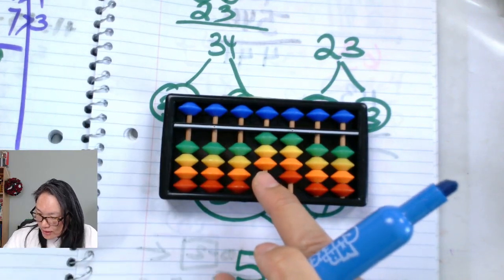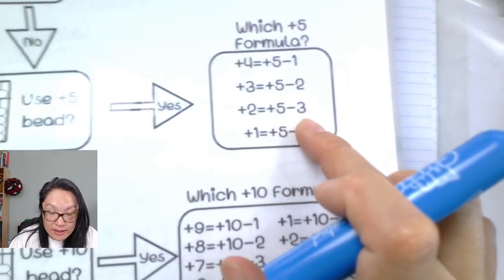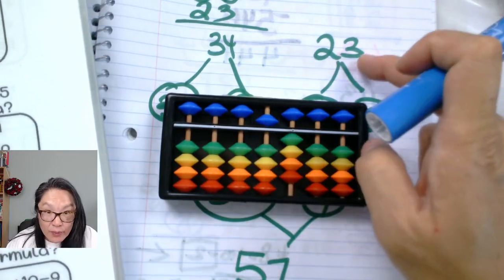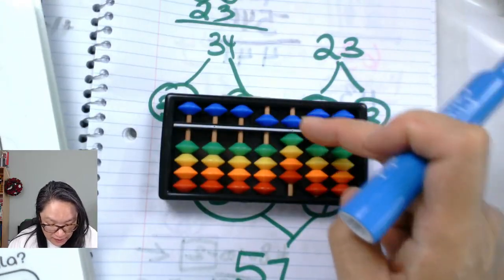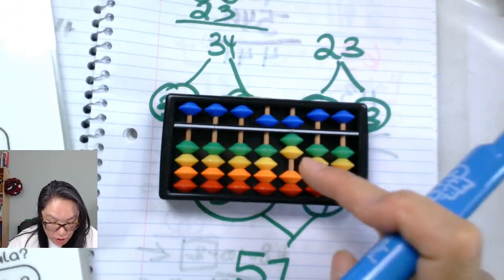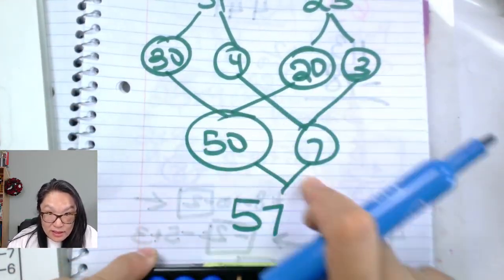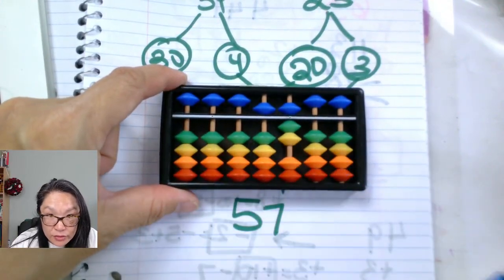Plus the 2 is plus the 5 minus the 3. And then we want to add the 3: plus the 5 minus the 2. So my final answer is 57, right? So you could do this. That's not a problem. Or we just understand it and do it on the abacus.